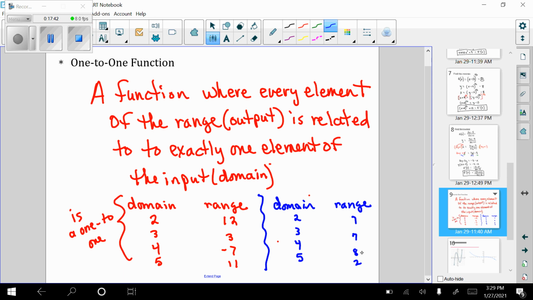Okay, so it is a function because every element of my domain is matched with exactly one value of the range. But when I go this way, I can see that the value of 7 is matched with 2 different input values, which makes it not a one-to-one.